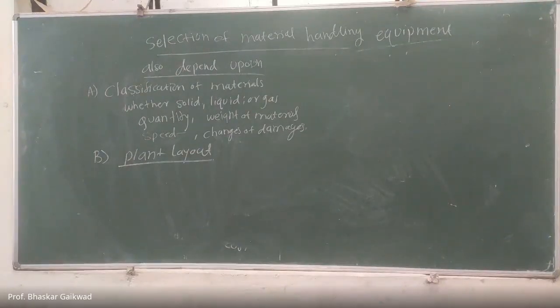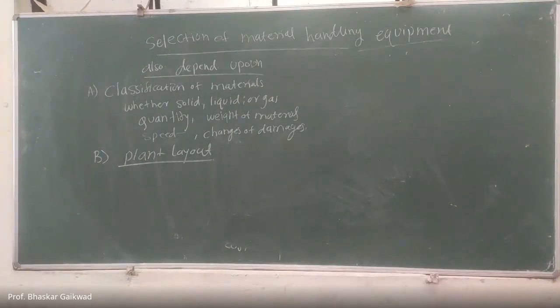And if a very big product is there, unable to move, we use fixed position layout. And if a variety of products are there, and grouping of particular processes is required, like the forming process, casting process, machining, so foundry at one place, forging at one place, press shop at one place, this is the group layout.